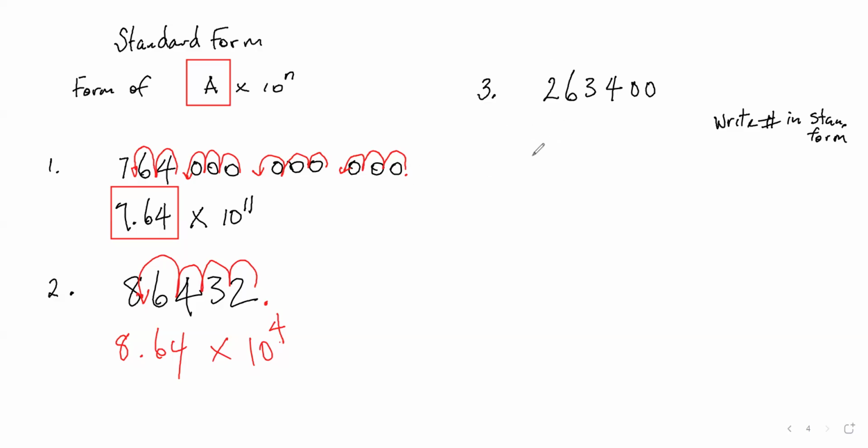So you could just leave it as 2.63. But it's by 10 to the what power? So 2.634, yeah, but you could leave it as 2.63. It doesn't matter, you could write either one.